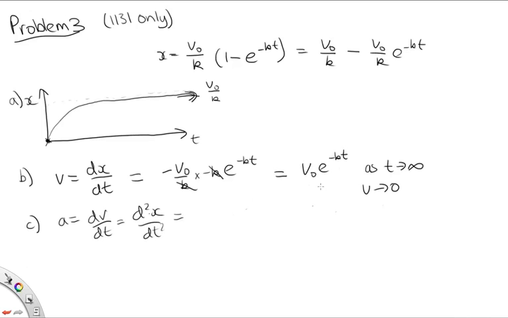So all we need to do is take the derivative of this. So this is equal to minus k v naught e to the minus kt. Now this part is just the velocity, so we can replace that as minus kv. So the acceleration is in the negative direction, i.e. it's decelerating. It has to decelerate as it starts with an initial velocity v0 and it ends up with a final velocity 0. So that's a way of checking our answer.